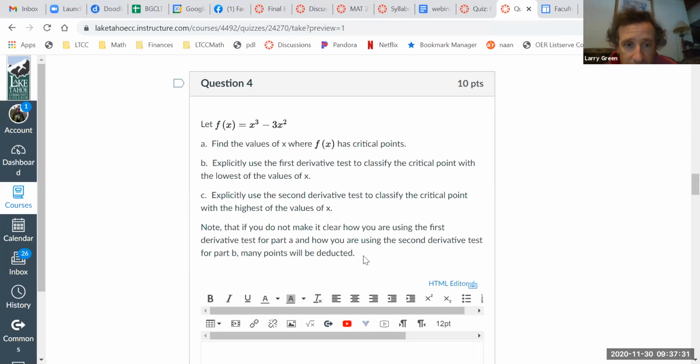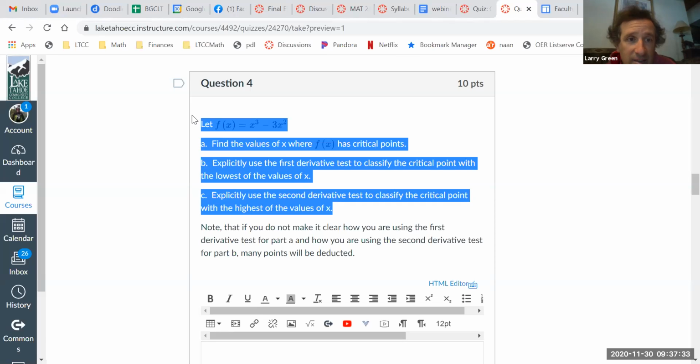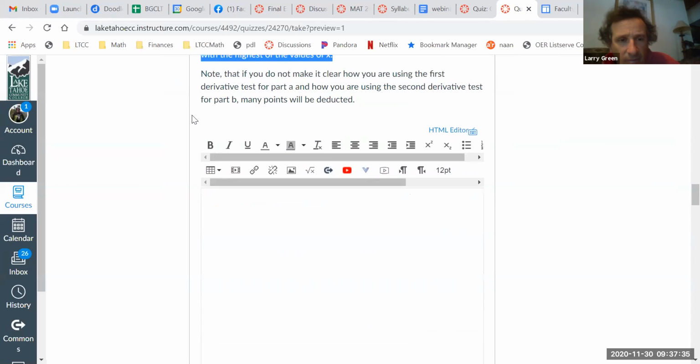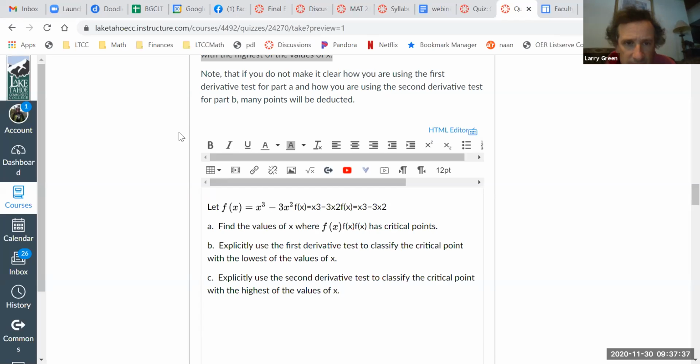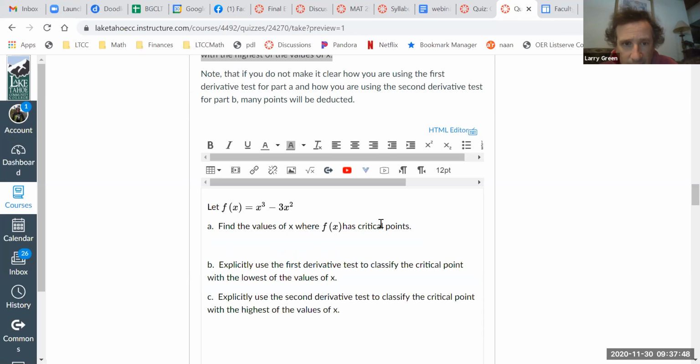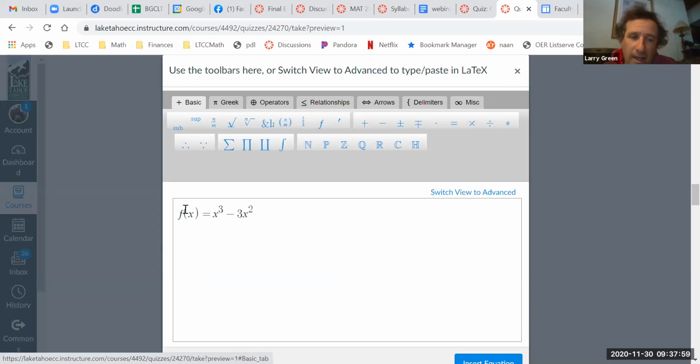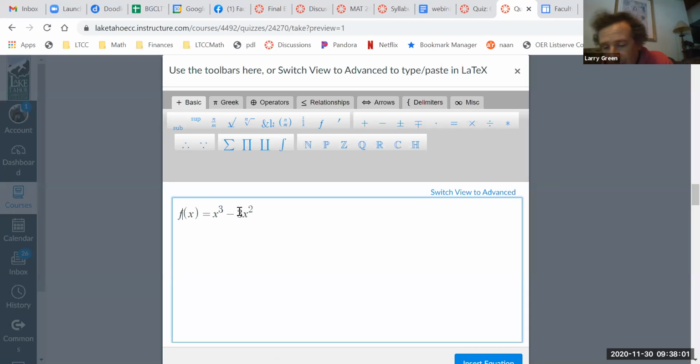Let me copy and paste. It always does weird things when you copy and paste. There we go. So for part A, let's grab this function, take its derivative. This was not supposed to be tricky at all.